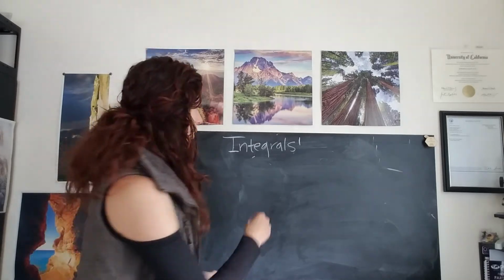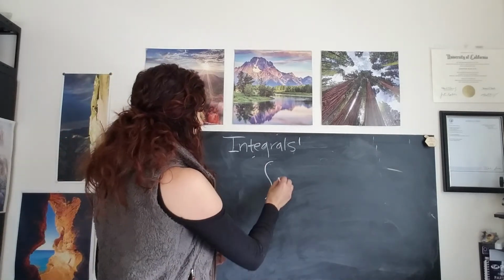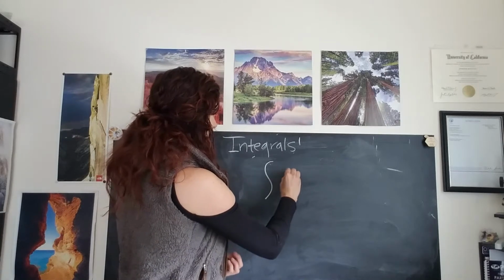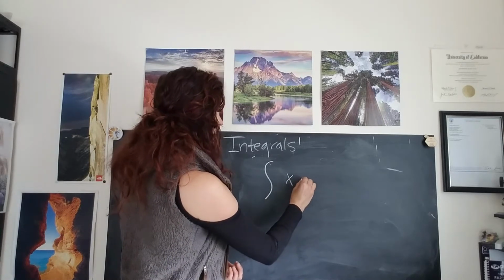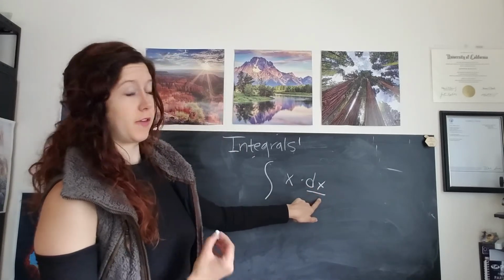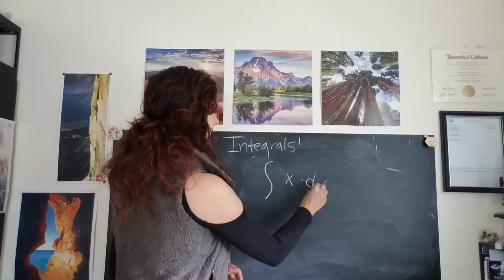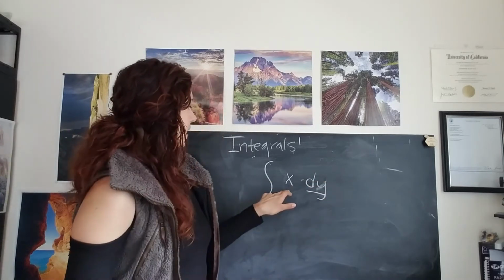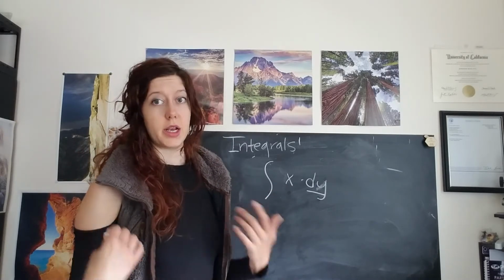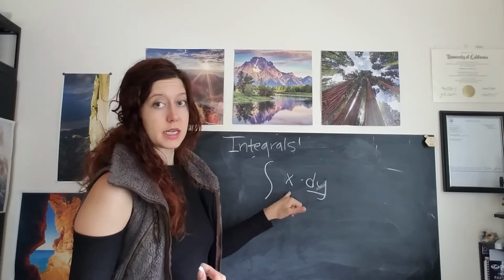So let's start simple. The sign for the integral is this elongated S, which is pretty cute. And then you have a function here. We'll start simple, so we'll say x. And then you're integrating with respect to a specific variable. For example, if instead of dx it was dy, then effectively your x becomes a constant, like a number, because you're not integrating with respect to x.